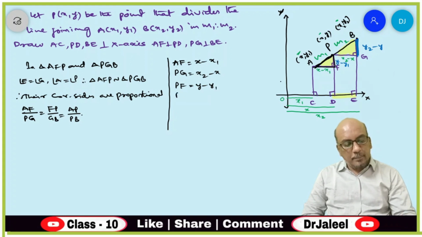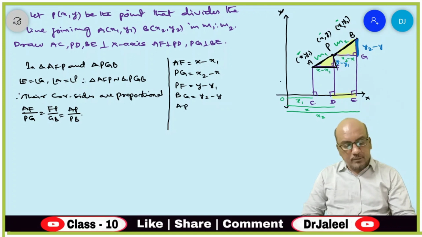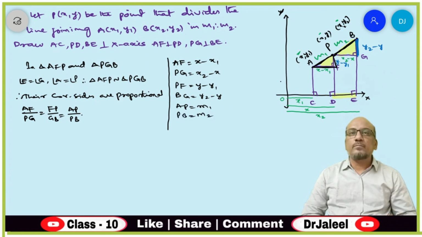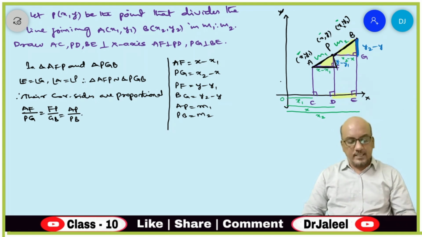Then BG is y2 minus y. We knew this. What about these lengths? AP and PB are m1 and m2, which we have taken in the beginning. So AP is equal to m1 and PB is equal to m2.